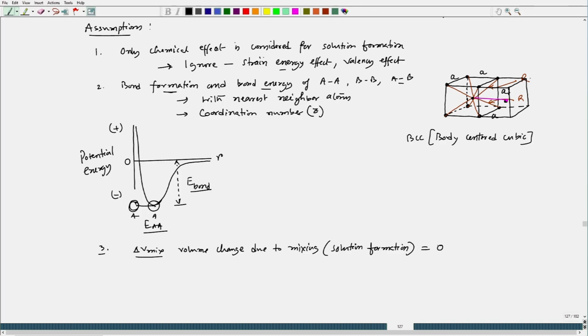So, there will be no volume dilation. No volume change due to solution formation. That is another assumption we are considering.